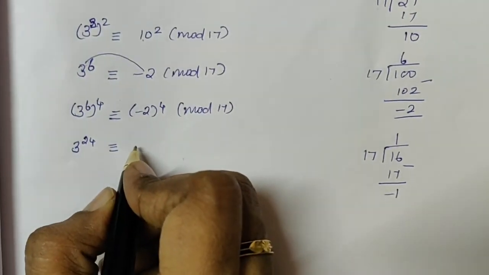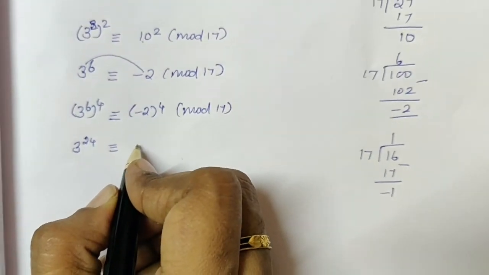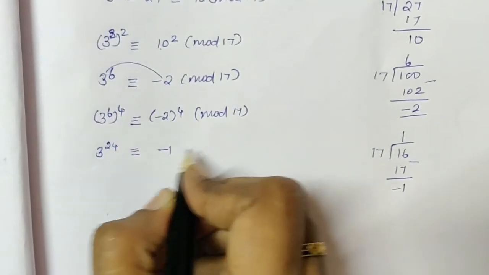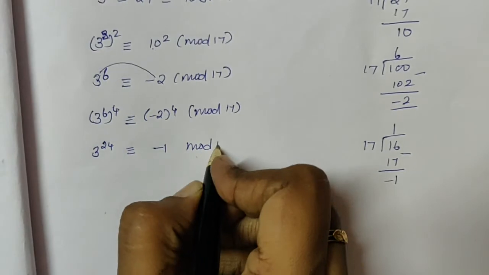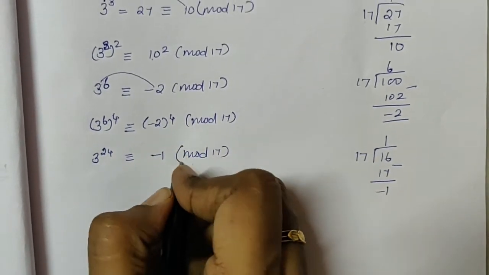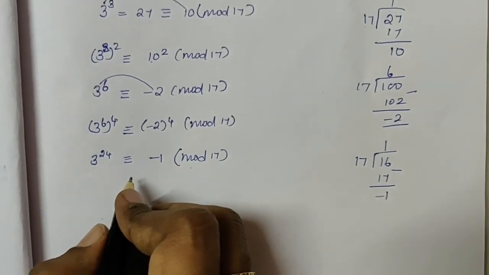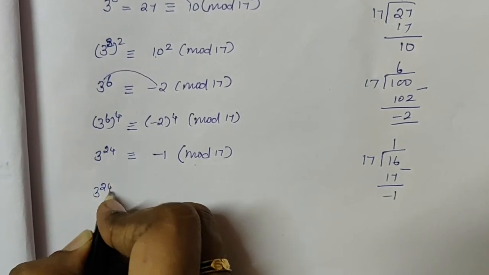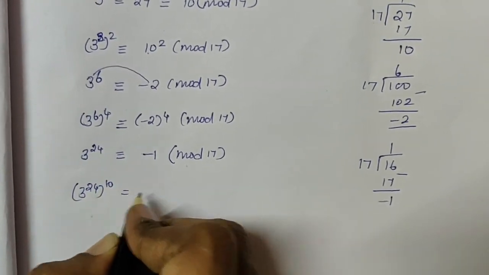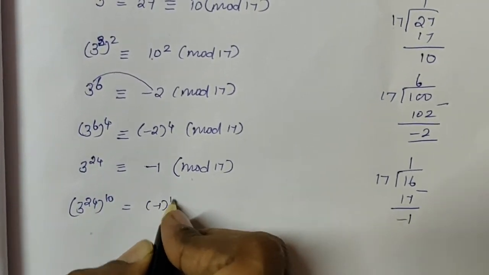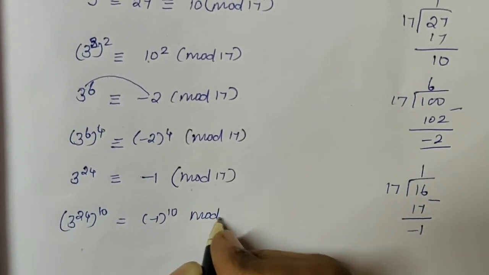So 3 power 24 is congruent to minus 1 mod 17. So 3 power 24 the whole power 10 can be written as minus 1 power 10 mod 17.